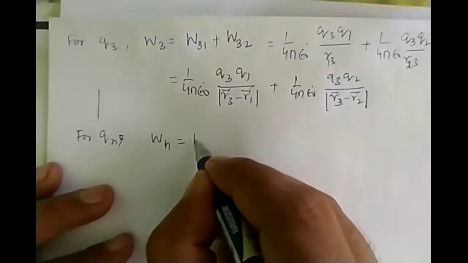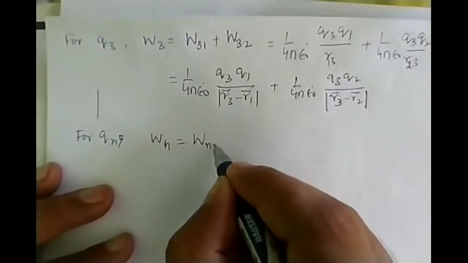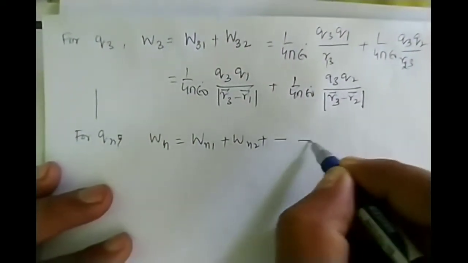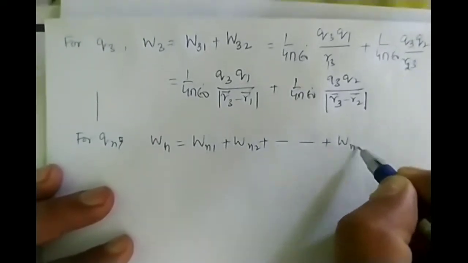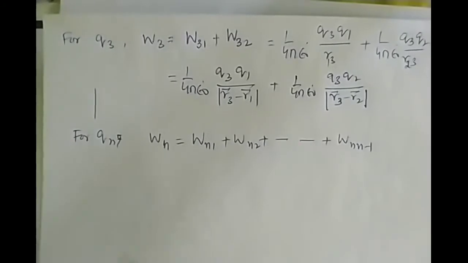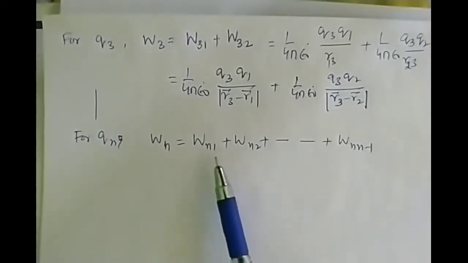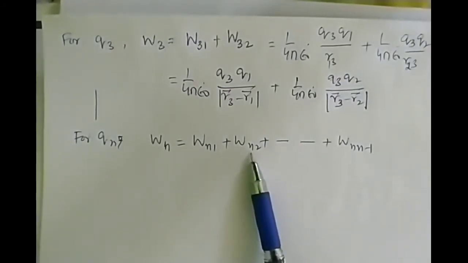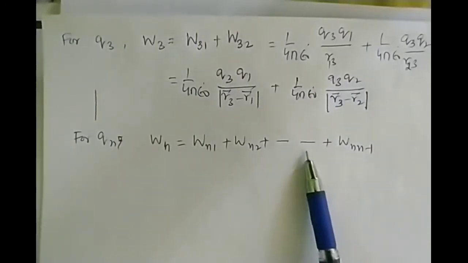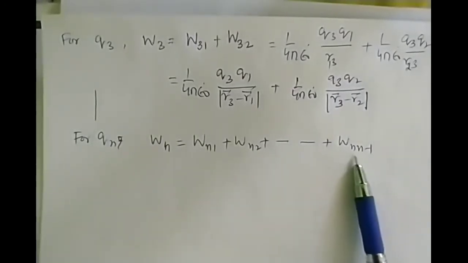It should be the work done to bring the nth charge particle against the first one plus the work done against the second one, and so on, third one, fourth one, up to the second last, that is the (n minus 1)th charge particle.